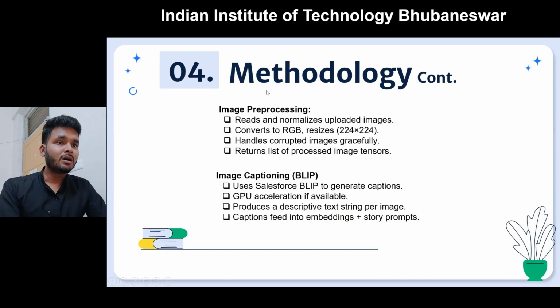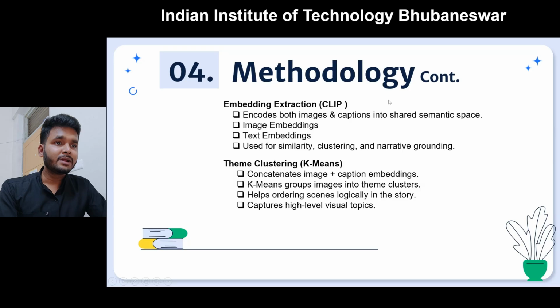Methodology continued: the image processing is done by converting the image to RGB and resizing to 224 by 224. All the images will be the same size, so image processing will be done easily, and the captions will be generated equally for all the images. After that we are doing captioning with the help of GPU acceleration, embedding is done by CLIP, and theme clustering is done.